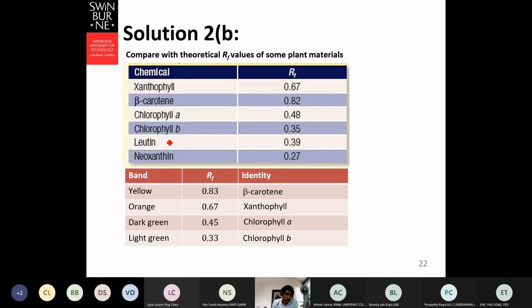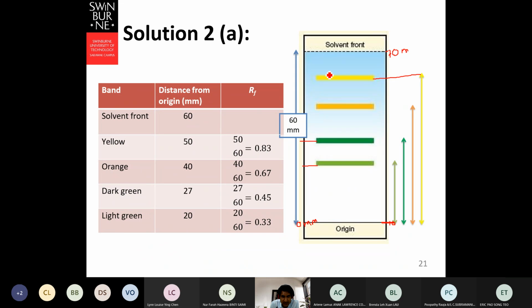We know this, but now we have to find out which is what. What does the yellow represent? What does green or blue or whatever represent? From here we see that it is 60 millimeter.